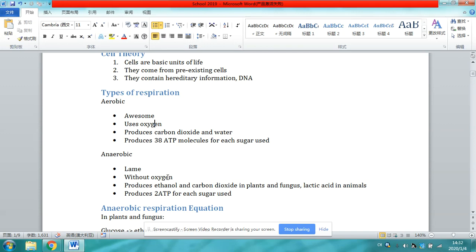And the last thing I want to stress on is the product of anaerobic respiration. In anaerobic respiration, in animals, the product is lactic acid. You don't really need to know the chemical equation for this, just know the name, lactic acid. Lactic acid is something that you can feel being made.